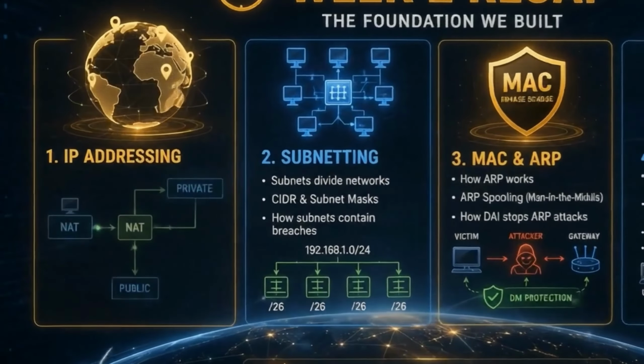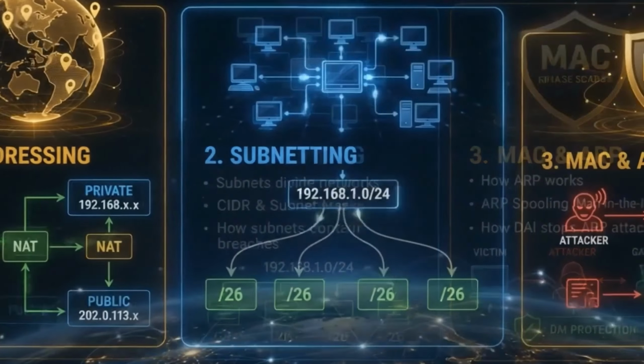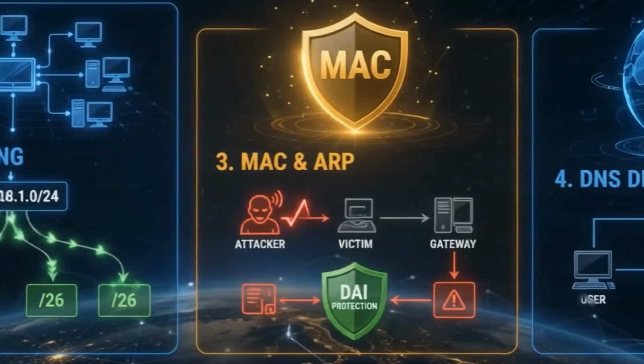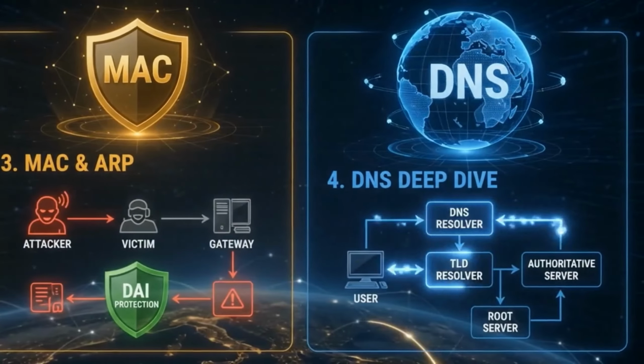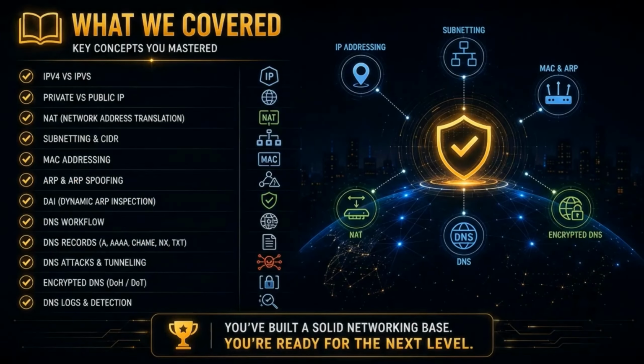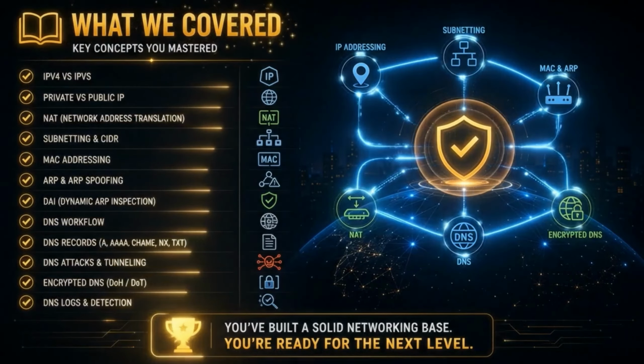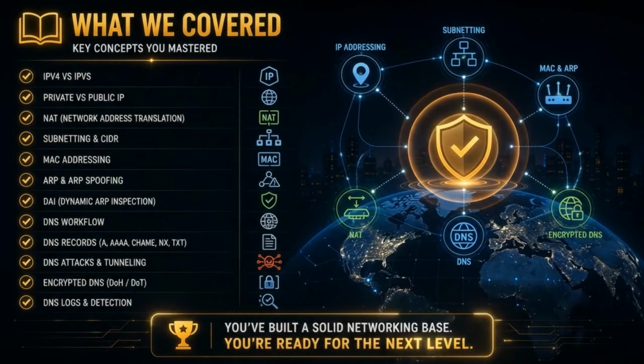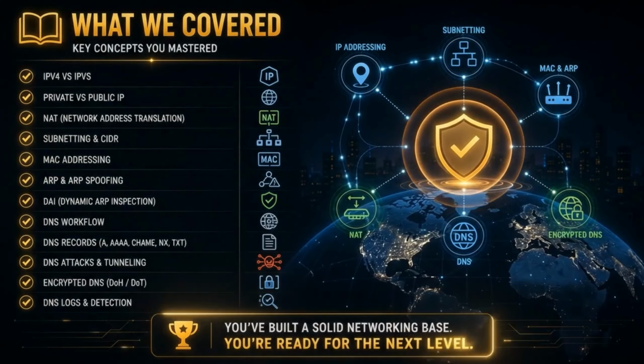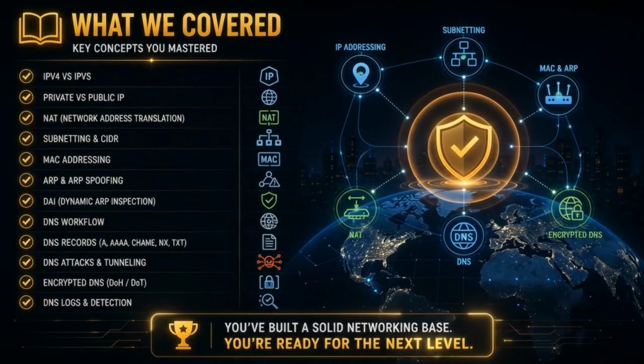Let's lock in what you have learned today. You now understand how every device is identified using IP addresses, why private IPs need NAT, and why IPv6 is becoming the future of networking. You have learned how subnetting divides networks, improves security, and helps contain attacks.